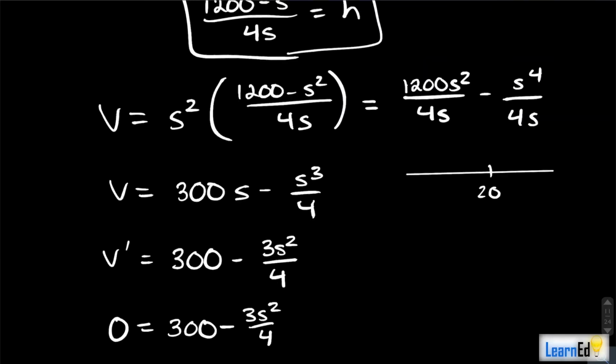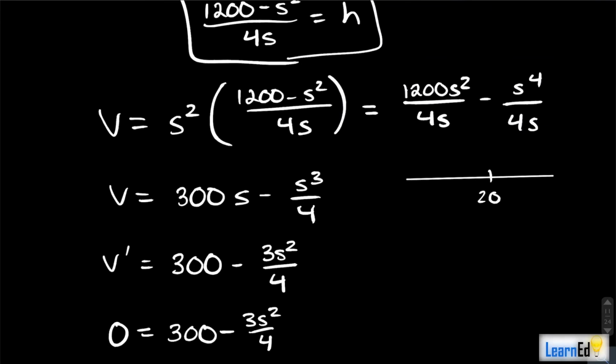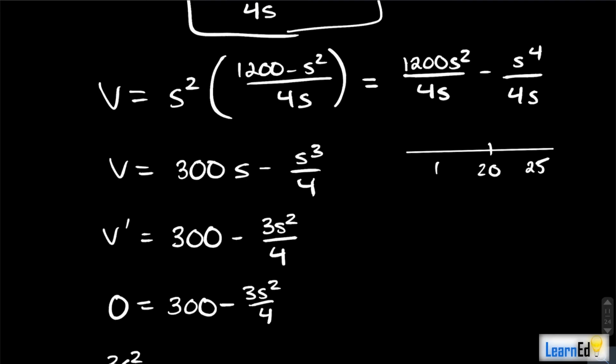We can use something like 1, and something like 25. What you'll find is that v prime of 300 minus 3 over 4 if we plug in 1 is obviously positive.